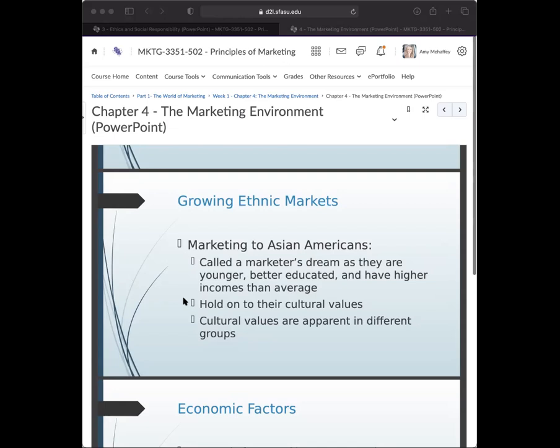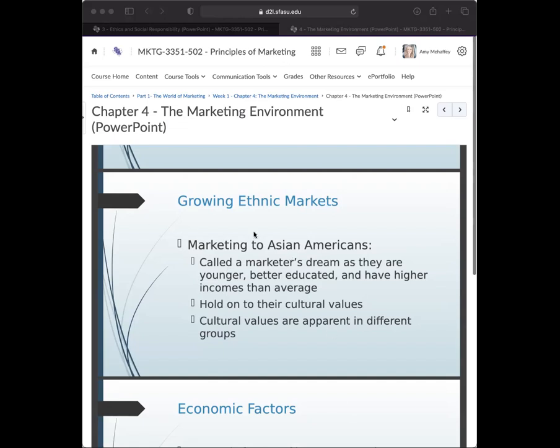So if we know that about a group that we are trying to reach and to provide value to, then guess what? We can target this group and they can be one of the people that we look at. If you'll cast your mind back to the marketing plan, the marketing plan had a huge section for target market, because remember I said that's kind of the golden rule of marketing and of communications: who is your audience? Who are we speaking to?